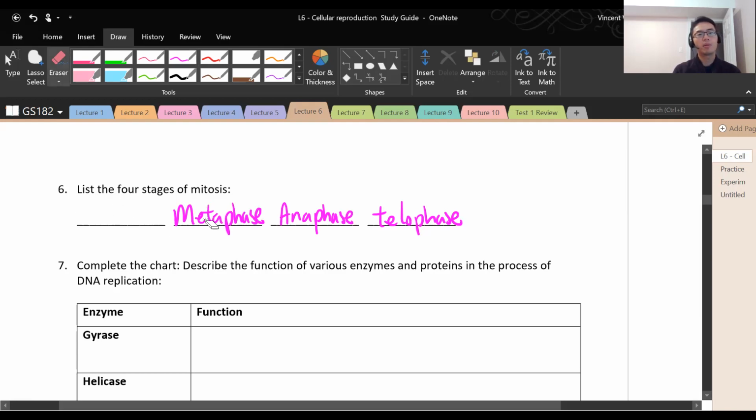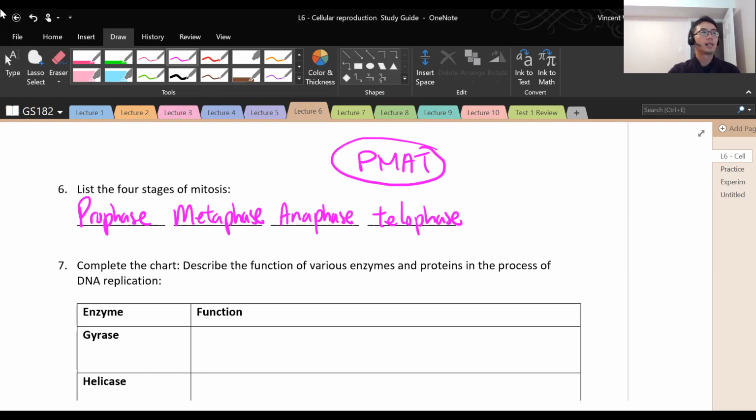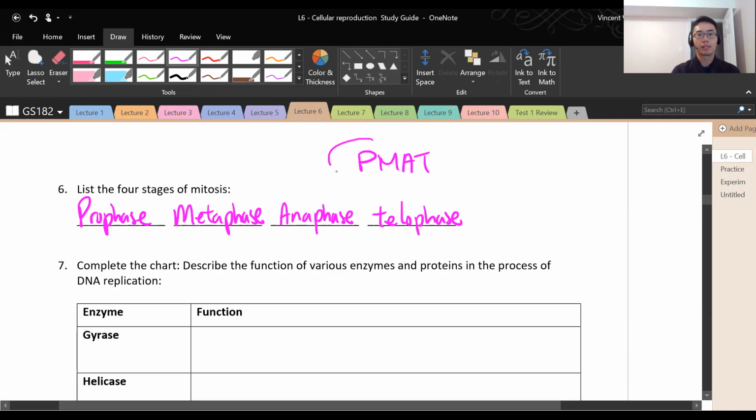And then, yeah, we didn't really talk about prometaphase, but you're right, Billy, that it does exist, but we just try to keep things simple here. And in front of that is prophase. Thank you, Savi. Okay, so remember, PMAT. That's the order. Okay, someone wants me to go through the calculations again from earlier. I will do that afterwards. Okay, let's keep going for now. PMAT, that's how you remember.